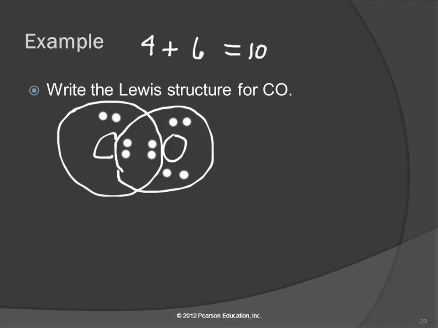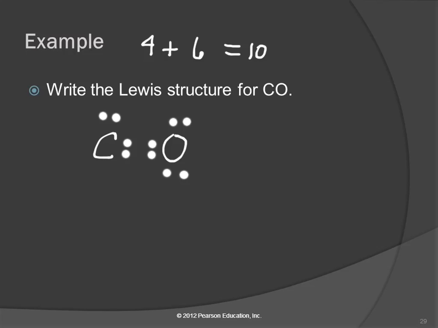Not enough electrons. What do we do? We share more. So there's a lone pair here, and a lone pair there, and a lone pair there. If we take this one and put it in here, that's not going to help the carbon any, and then this oxygen's going to have too many. Let's just do that anyway.